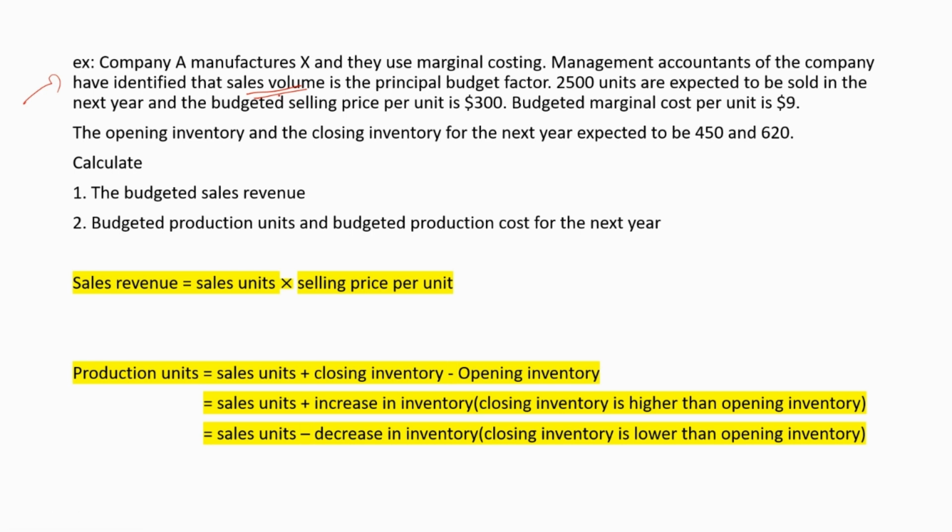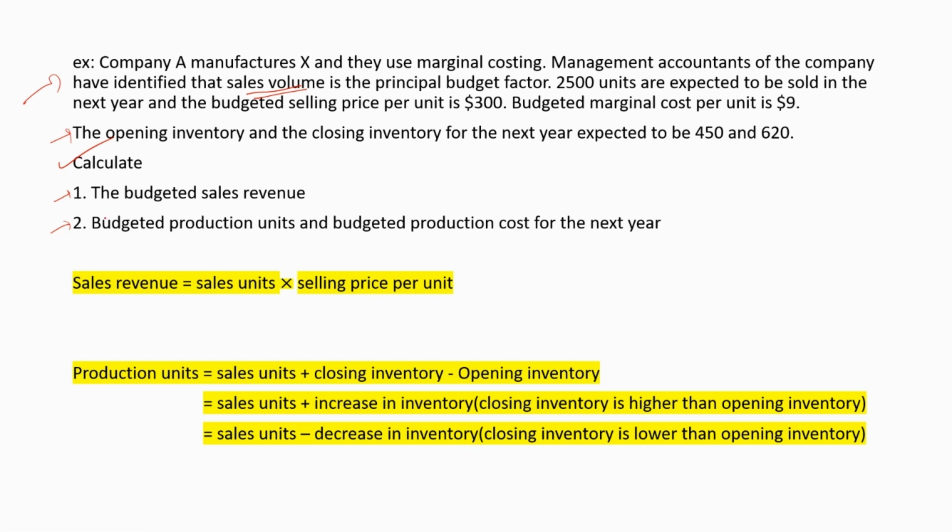Budgeted marginal cost per unit is $9. The opening inventory and the closing inventory for the next year are expected to be 450 and 620. Calculate the budgeted sales volume, the budgeted production units and the budgeted production cost for the next year.